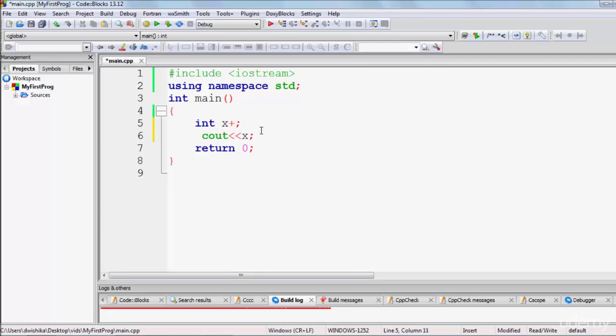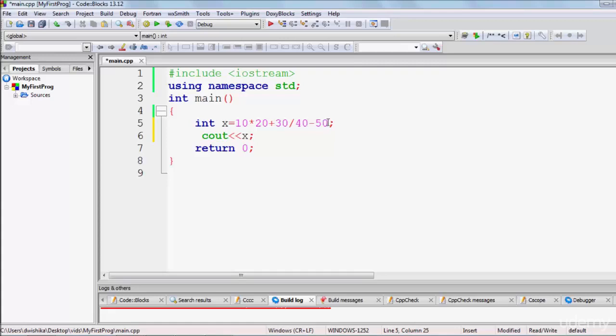So for example, you have 10 * 20 + 30 / 40 - 50.